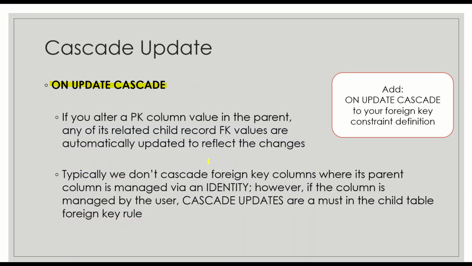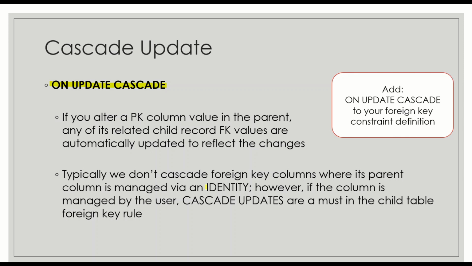Now, typically, we wouldn't cascade foreign key columns where the parent column is managed via an identity. Now, in the department example, the primary key is not an identity field. It's a 4-character user-managed field. That is, the users make up what the values are going to be, like ACCT for accounting.